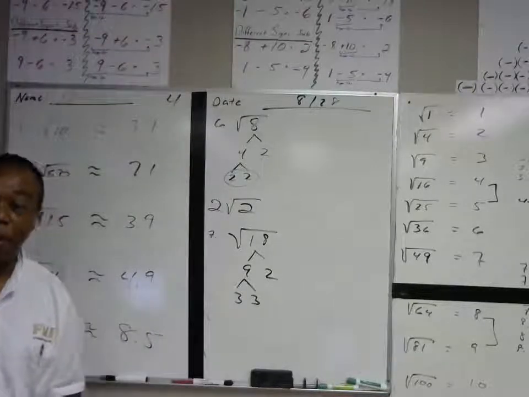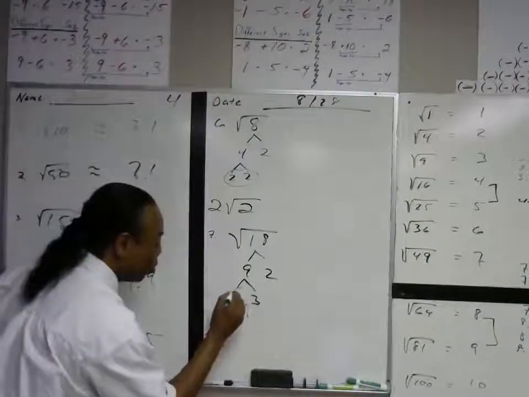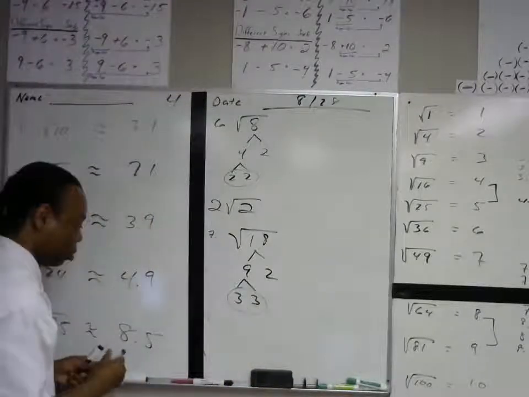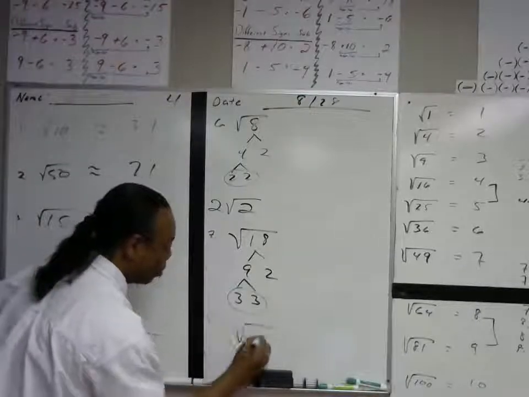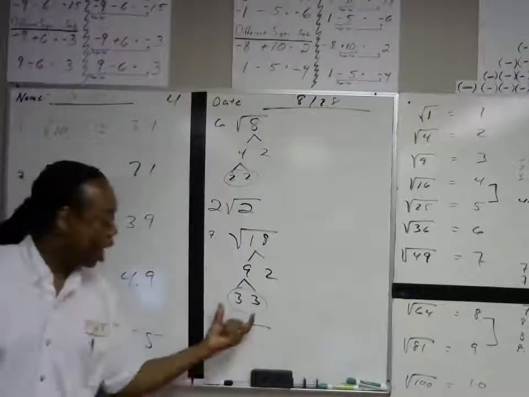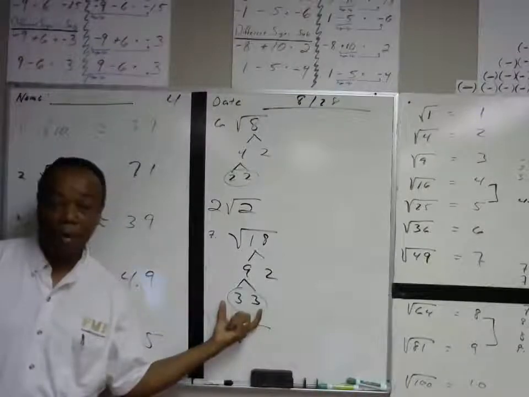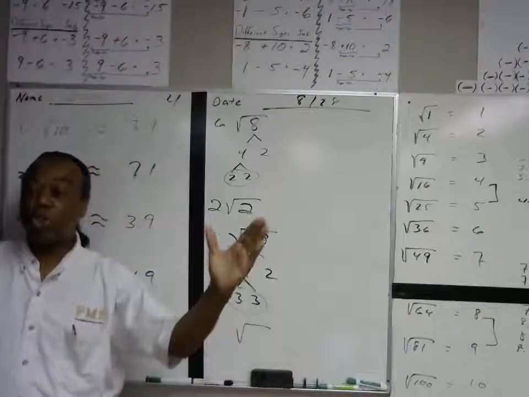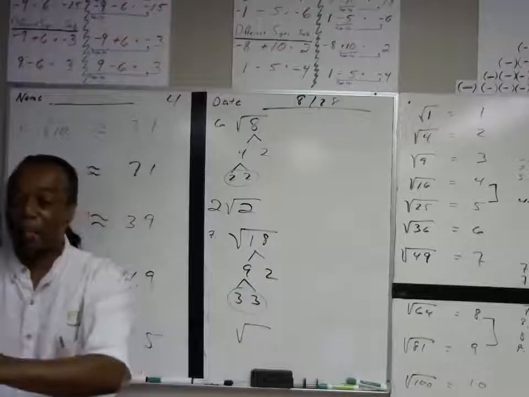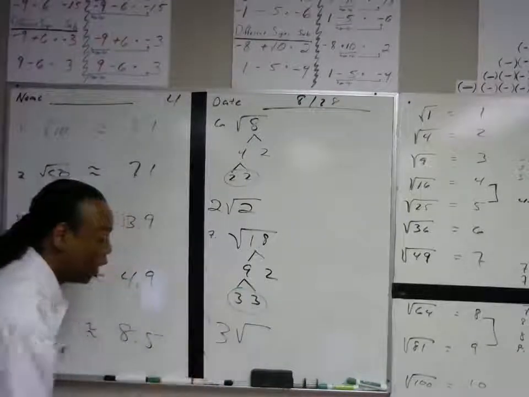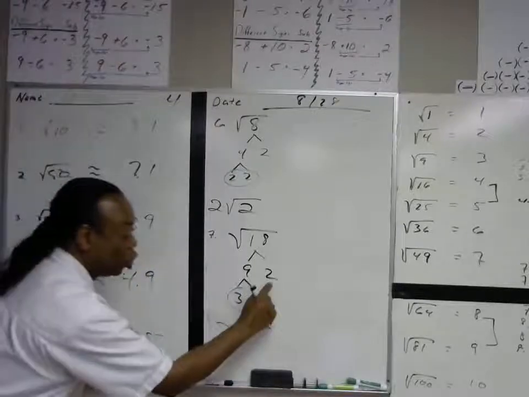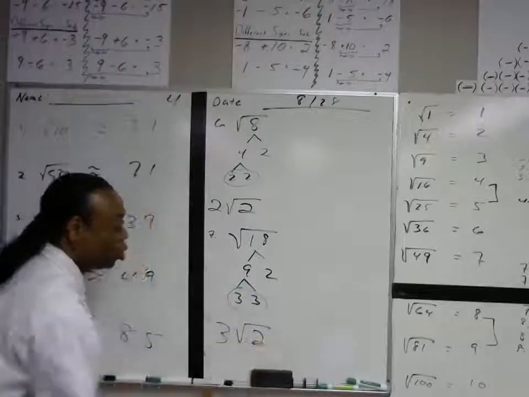Now, I find all my pairs. And I get my root ready. Everything that's circled is going to reduce down to one single term on the outside. So these 2 3s become a single 3 on the outside. And that 2, which is not circled, goes on the inside.